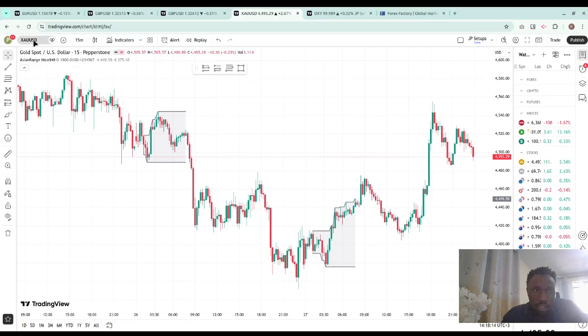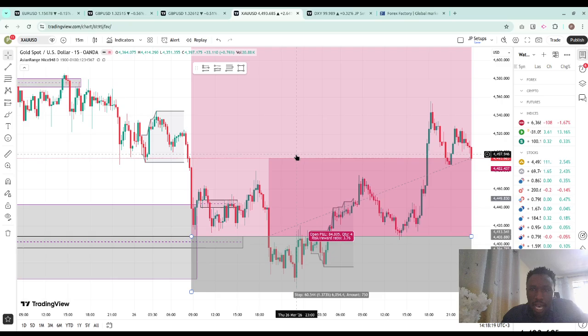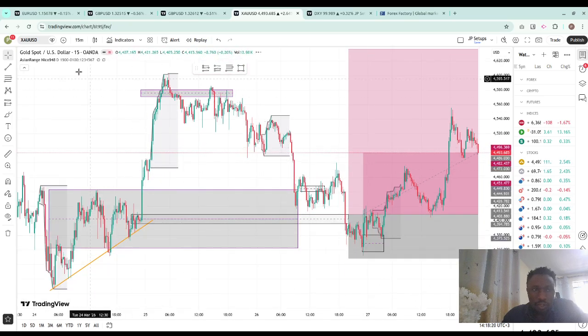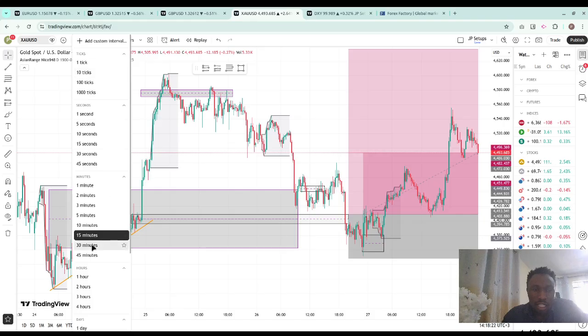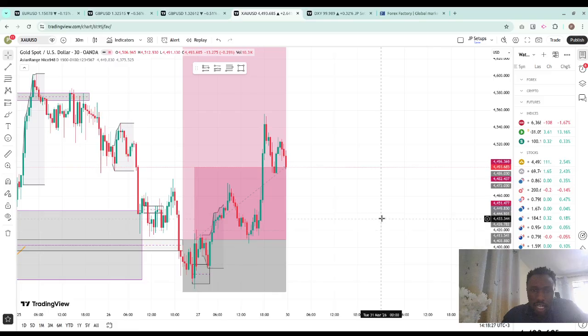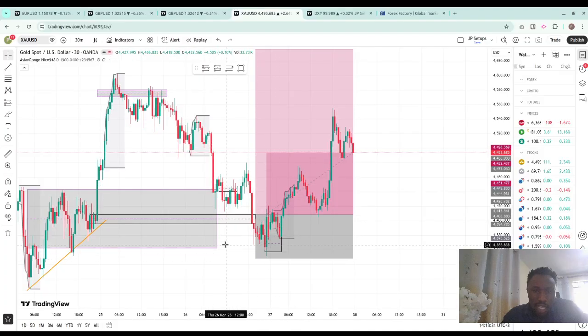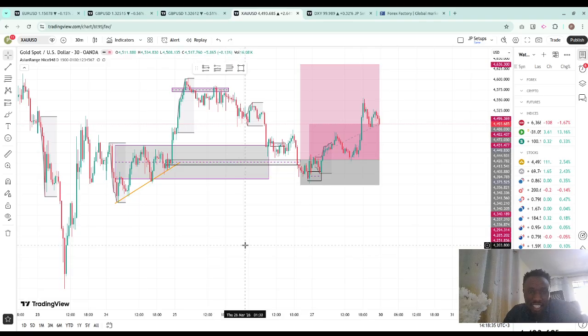If I show you on my Rwanda, I actually have an entry. I am not in the entry, but I had done an analysis on this one. I had set up a buy limit, but later removed it.